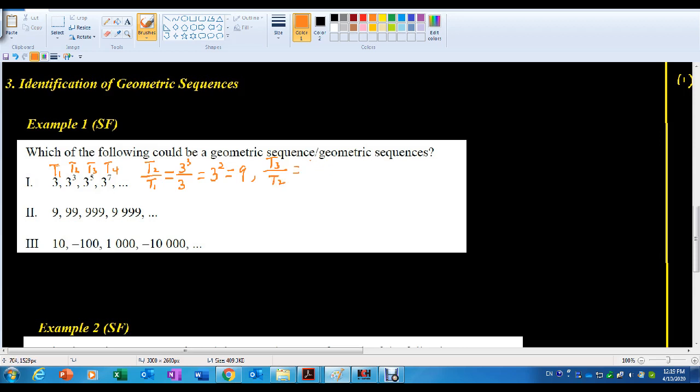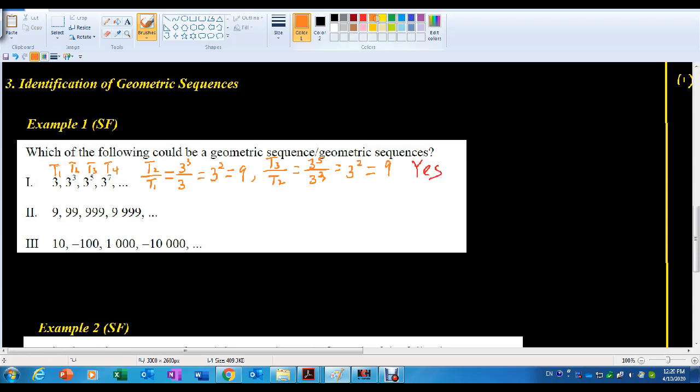The third term is 3 to the power 5, divided by 3 to the power 3. So it becomes 3 squared again, because 5 minus 3 equals 2, that's the index rule. Again, you have 9. So you see the ratio between the second term and first term, and also the third term and second term, are equal. That means this sequence is a geometric sequence. So the answer for this one is yes.